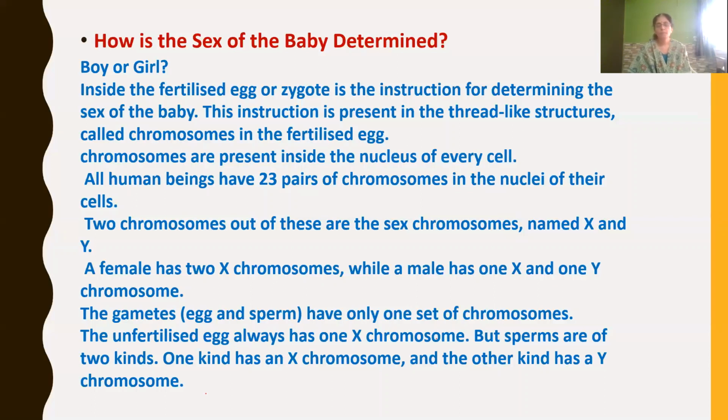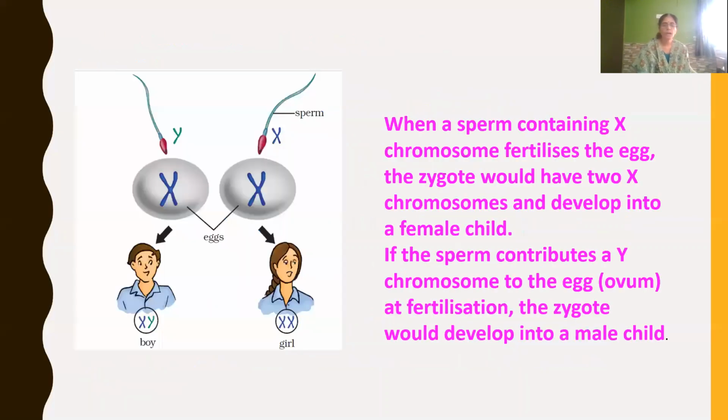But in a male, the sperms are of 2 kinds. The sperm either has an X chromosome or a Y chromosome. Here you can see the sperm may be of Y or of X.